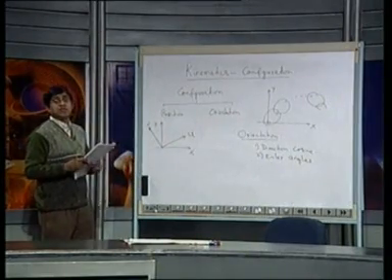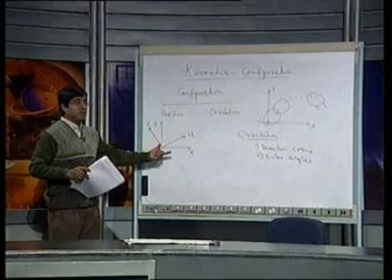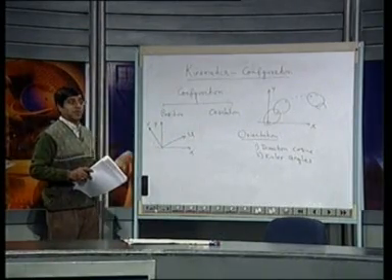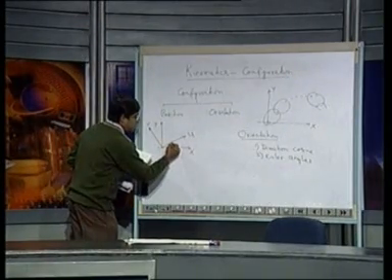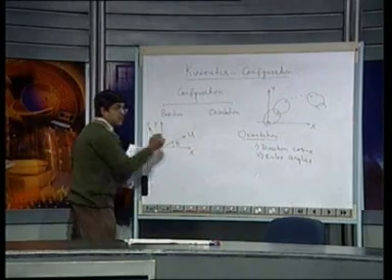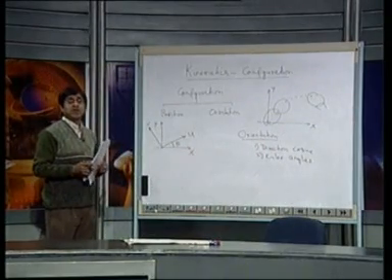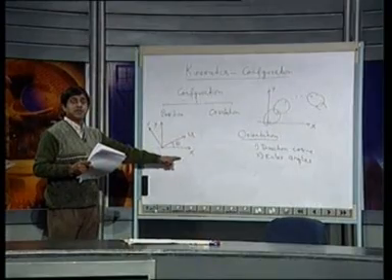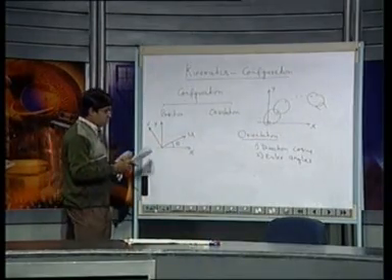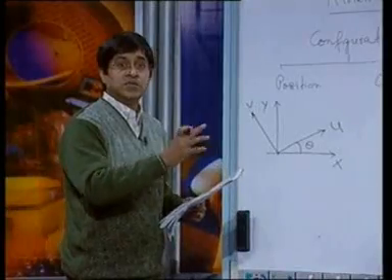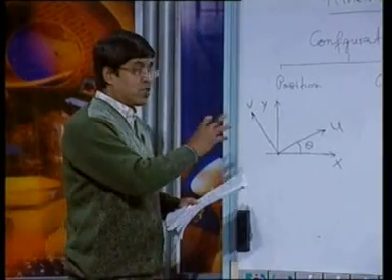So, x y is the fixed coordinate frame and u v is the moving coordinate frame. Let us say the angle made by the moving coordinate frame, the u with respect to x, is theta. Now, what we will do is to correlate these two coordinate frames.